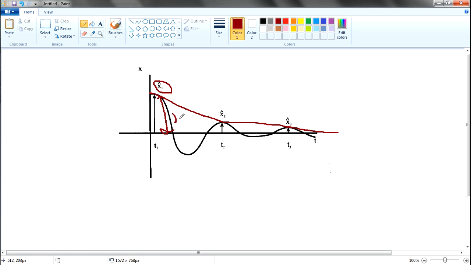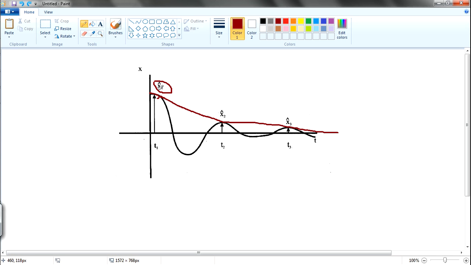Okay, this gives you the amplitude x1. The point x2 is like this point, and then this one is x3, as I have said earlier.